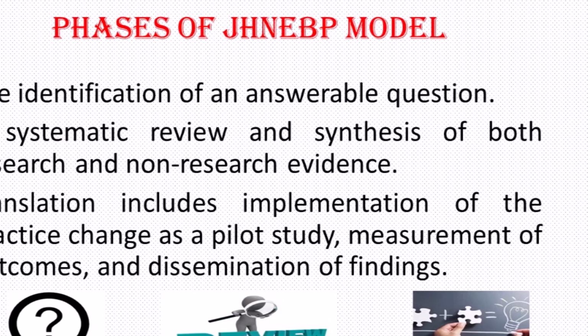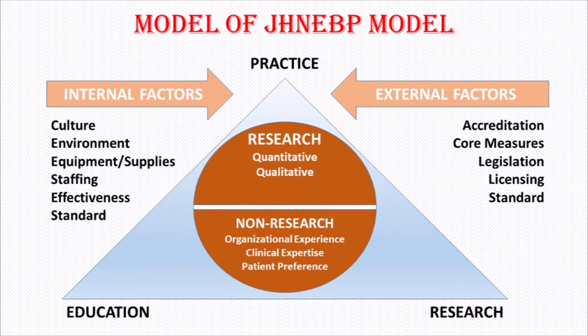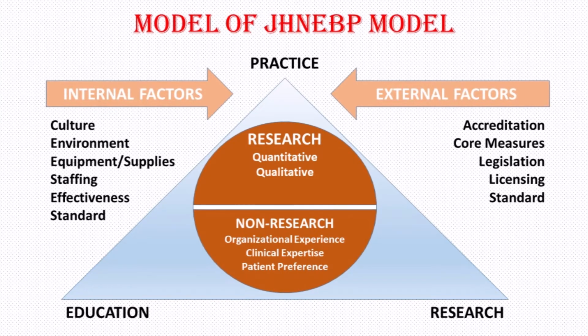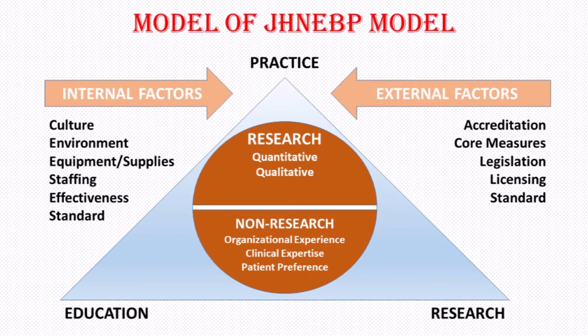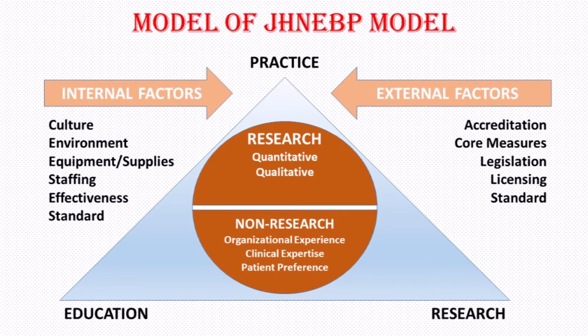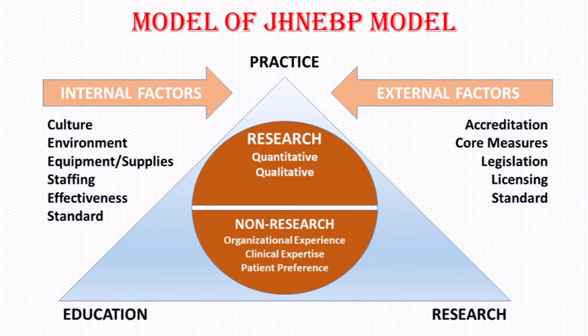I hope you all have understood the phases of this model, and let us see the conceptual model of the Johns Hopkins Nursing Evidence-Based Practice Model. Friends, when you see this, you can remember the epidemiological triad. Here we do have three concepts: education, research and practice.